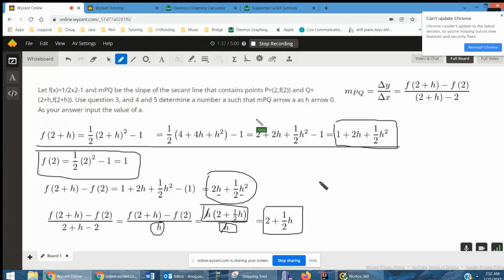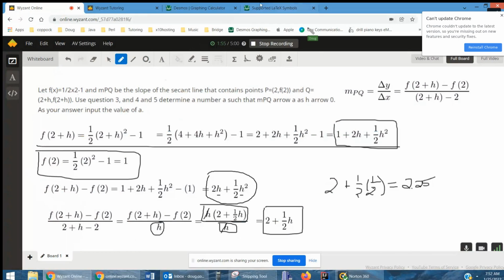So that means the slope when h is 0.5 is 2 plus 1/2 of 0.5, of 1/2. I'll write it that way. So that's 2 plus 1/4, or 2 1/4, or 2.25.